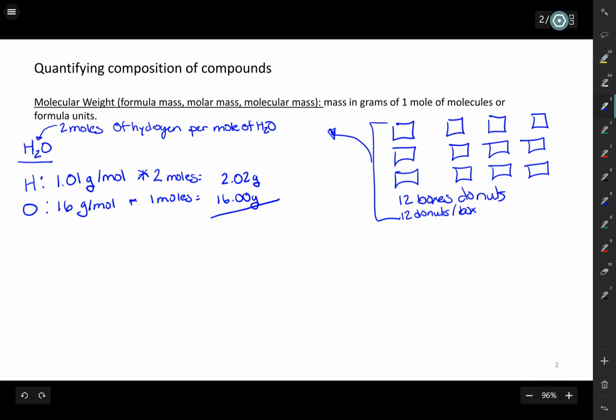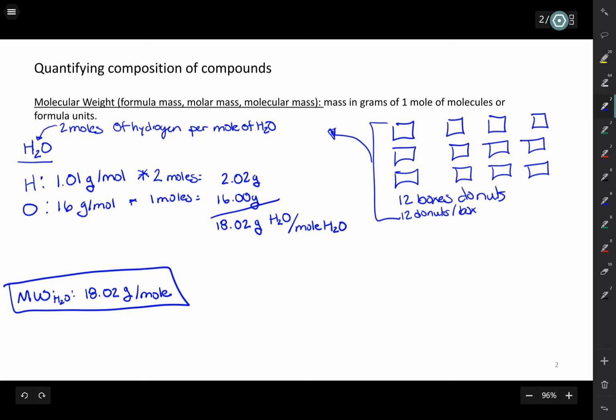We simply add these together, and now we should have 18.02 grams of H2O per mole of H2O. This is our molecular weight. You'll see me write this MW. Molecular weight of water is 18.02 grams per mole.